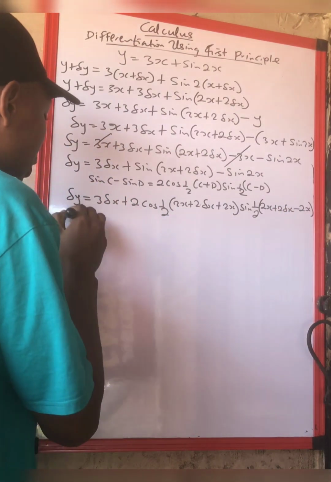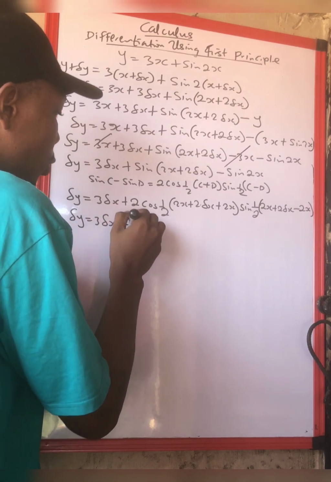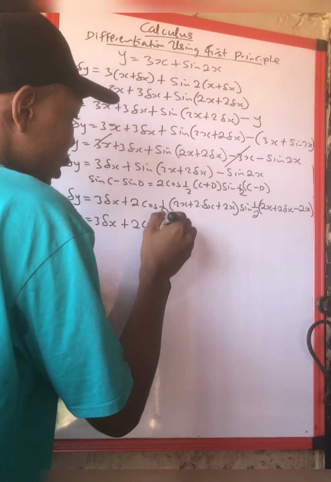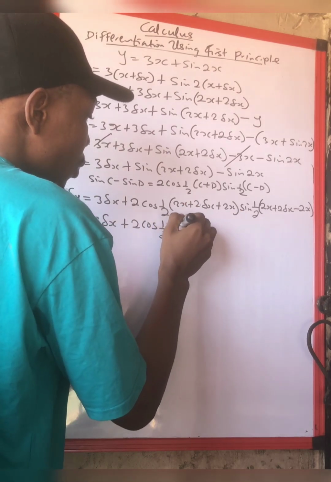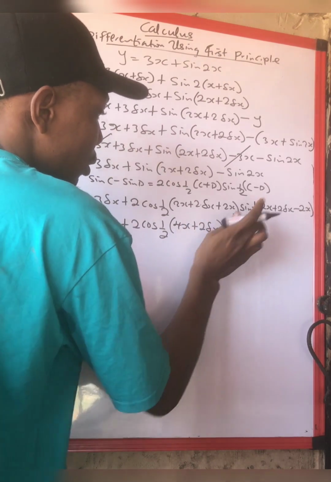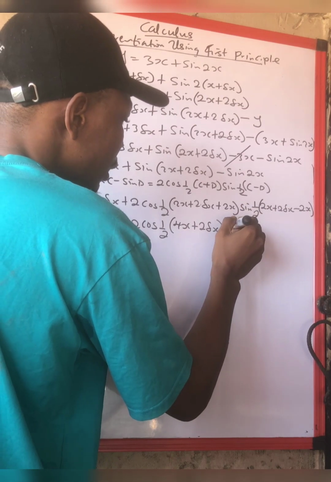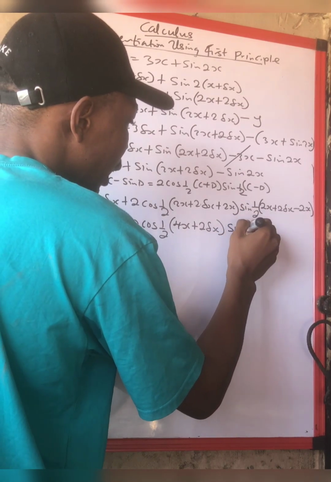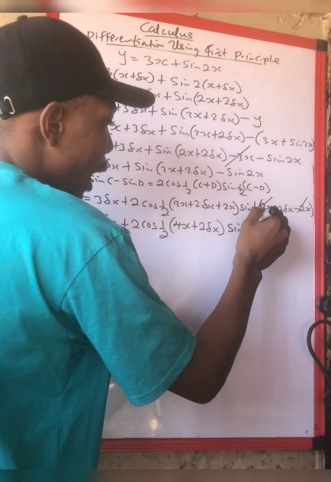So this time around, Δy equals 3Δx, then plus 2 cos half. 2x plus 2x will give us 4x plus 2Δx. So from there it becomes sine half. This can cancel out this, so we are left with 2Δx.